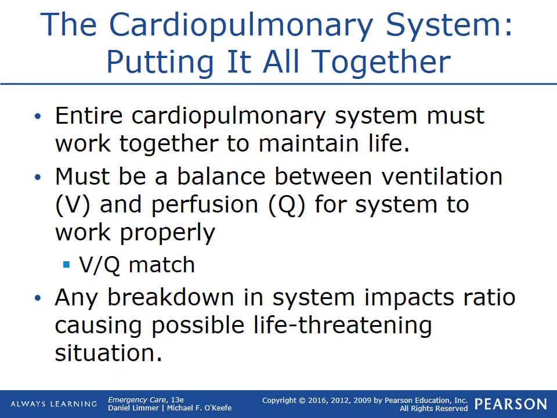We can relate that as something called VQ match. It's how well the alveoli are being oxygenated versus how well the circulatory system is able to pump it around. Any breakdown in the system impacts the ratio, causing a possible life-threatening situation.